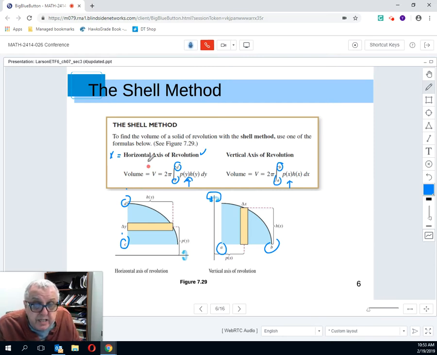And since we're rotating around the x-axis for this problem, do you notice our rectangle is going to be parallel to our x-axis? If we rotate around the y-axis, the rectangle that we create, here's our P, from our axis to the center of the rectangle that we're dealing with.